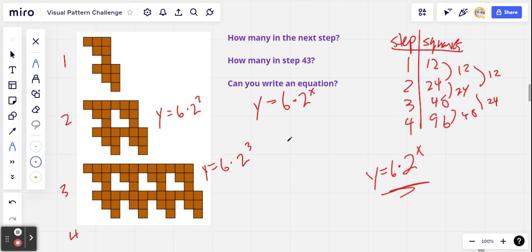Now we already predicted 96 for step 4. How about calculating the amount in step 43? You know it's going to be a pretty big number because anything to the 43rd power is going to be a pretty big number. And I would just use a calculator. So I think I'll just pop into Google Calculator here and let's see, 2 to the power of 43, that's 8.796093 exponent 12.